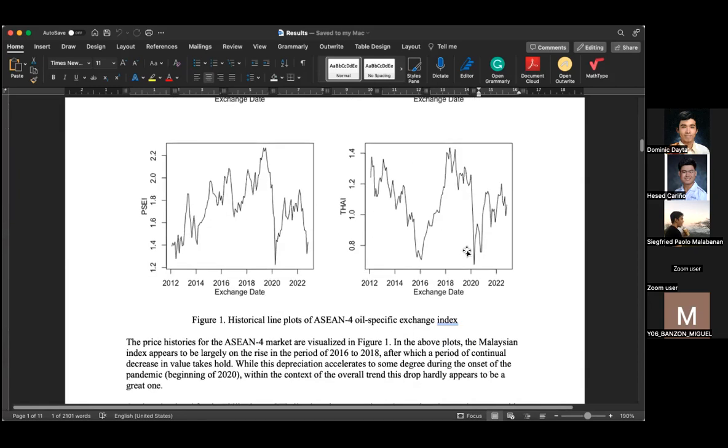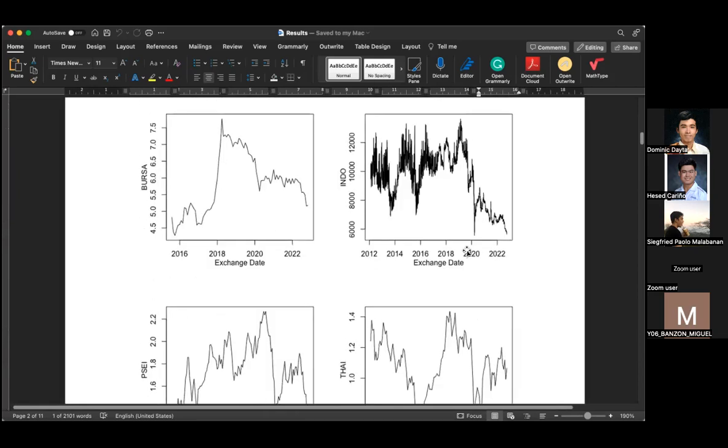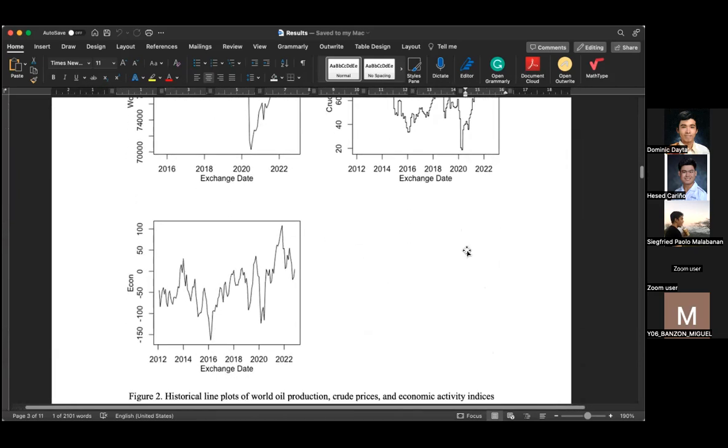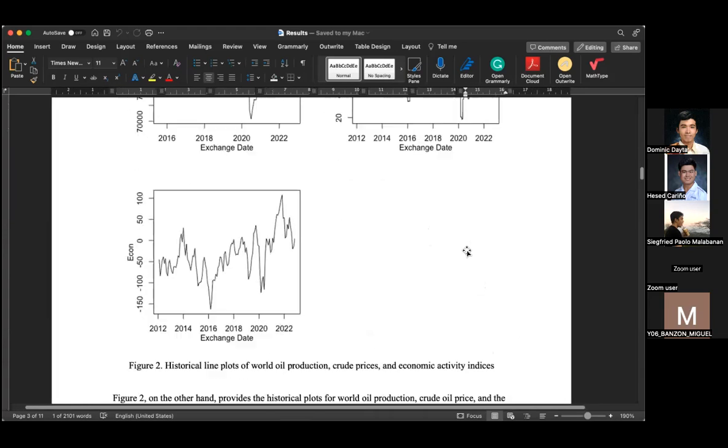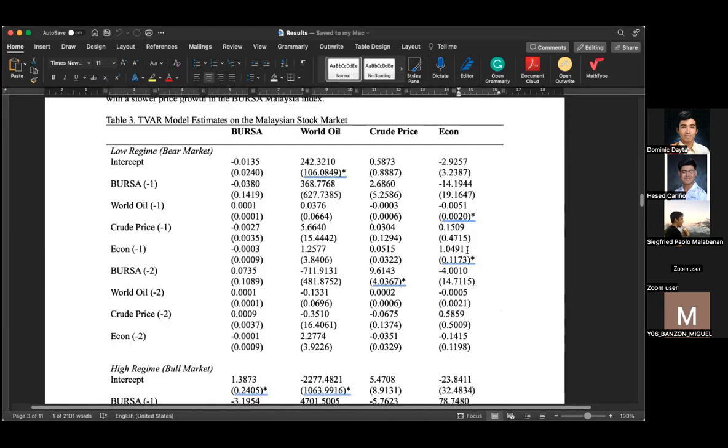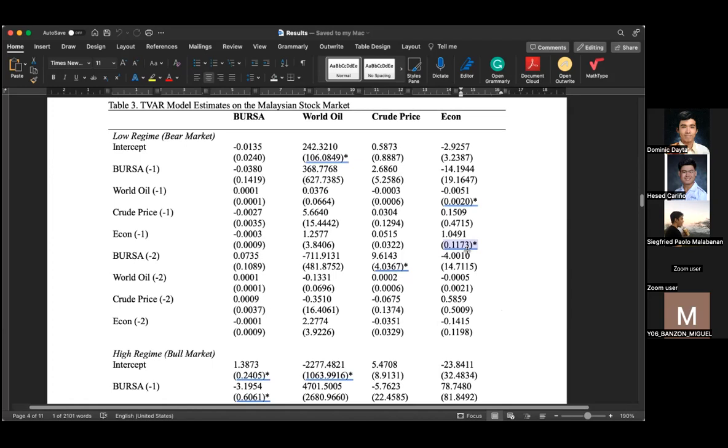And then everything else, ito yung plot na to is just to demonstrate kung ano yung itsura ng mga data. So, ano yung itsura ng world oil, crude price, economic index. But really where the next results come in is sa threshold VAR model. And the threshold VAR model is essentially just yung represents yung impact ng mga markets on bursa, world oil.